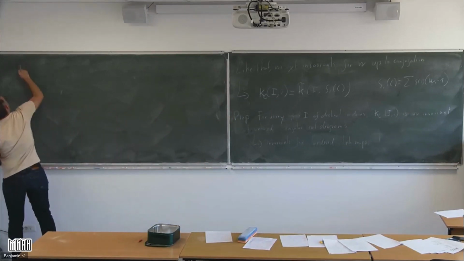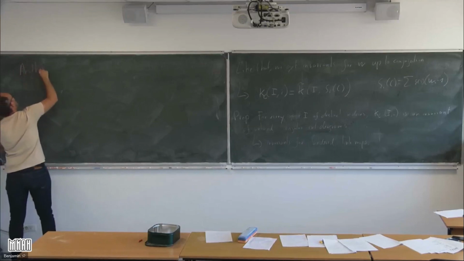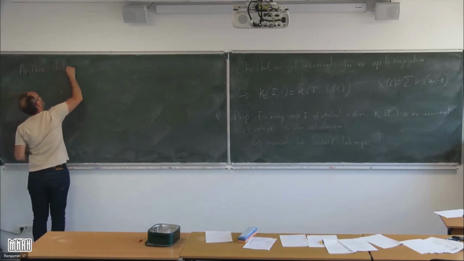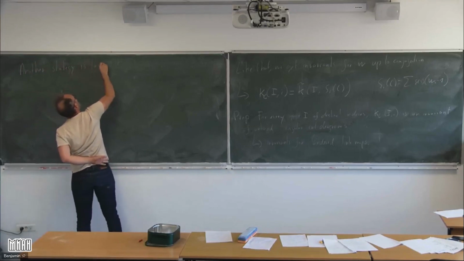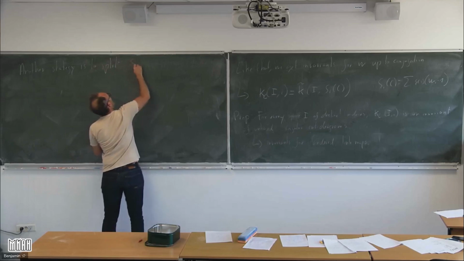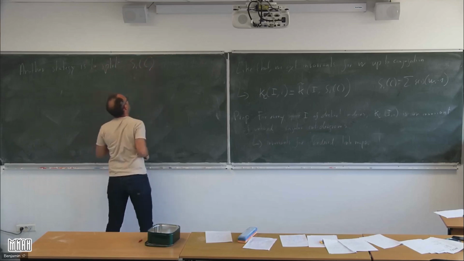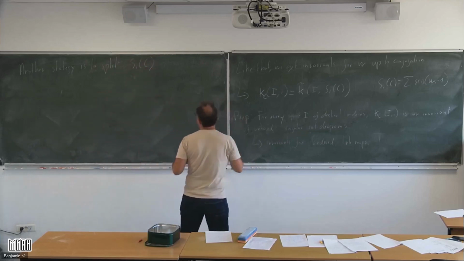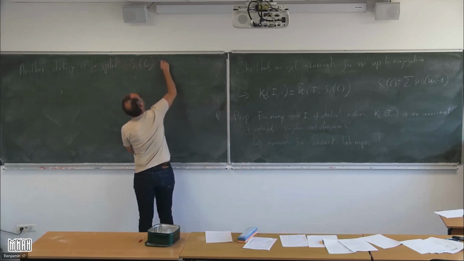So another strategy is to split SI of C before using the Milnor technique.